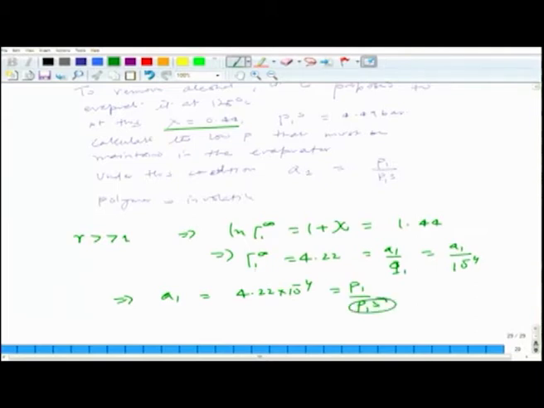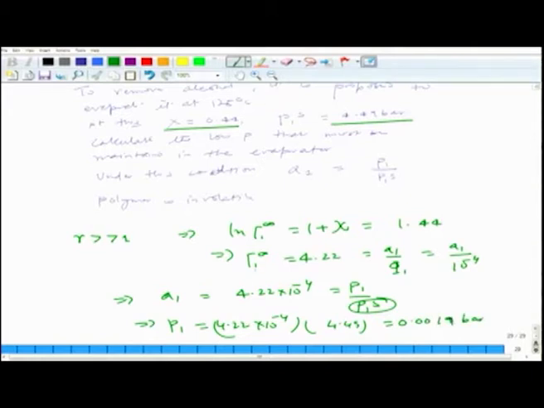P1 stat we know is given as 4.49 bar, which essentially means P1 turns out to be 0.0019 bar.